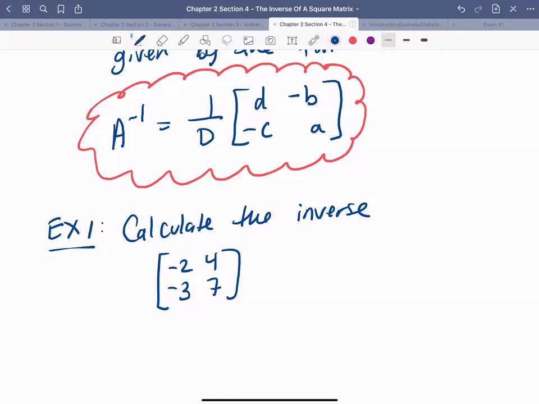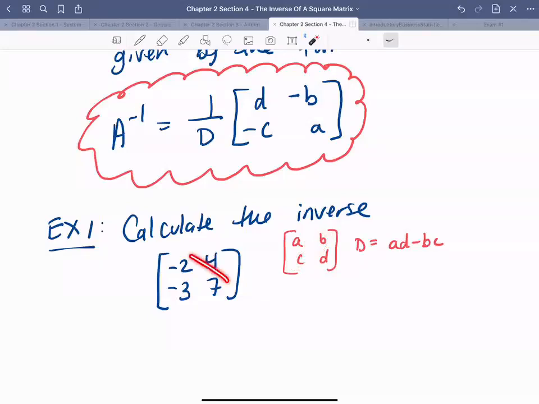Remember, our general form is A, B, C, D, and D is A times D minus B times C. It's the diagonals multiplied together, and then you subtract the two.